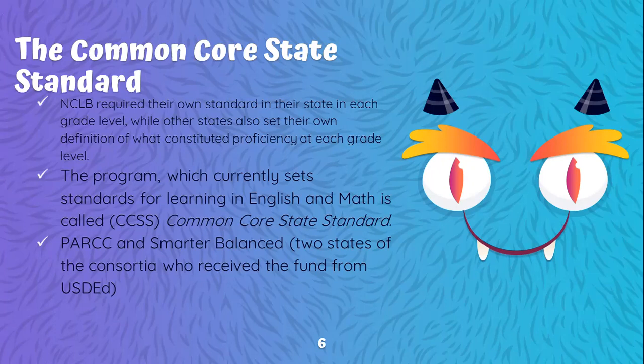Common Core State Standard sila ang nagaset sa mga ana nga mga standards. So US Department of Education or USDED offered groups of 15 or more states, which we call the consortia.